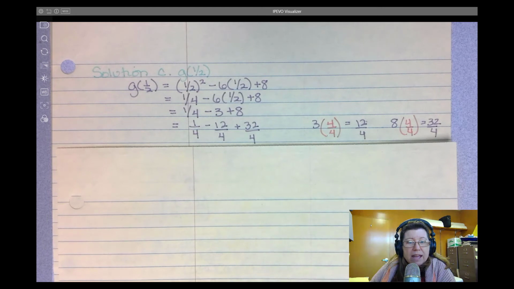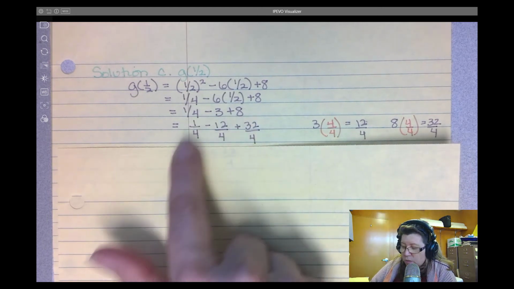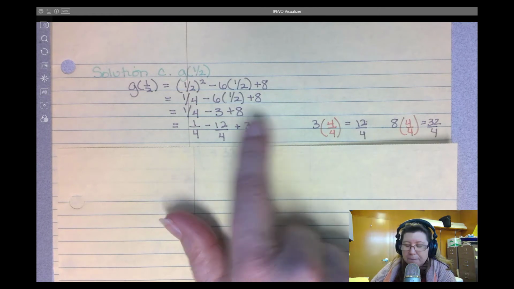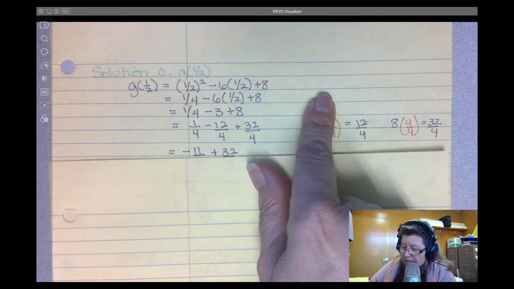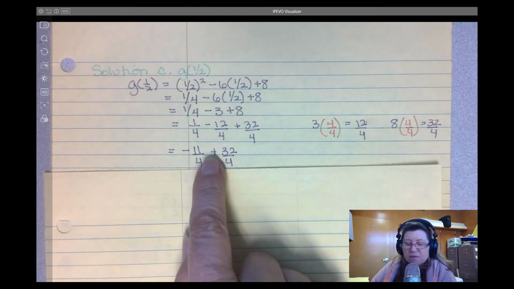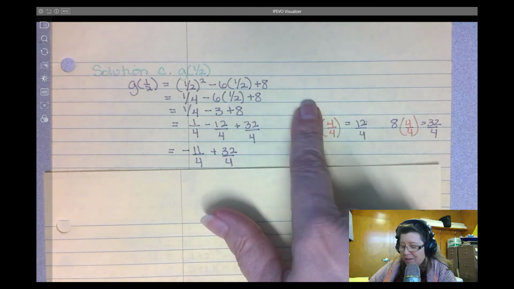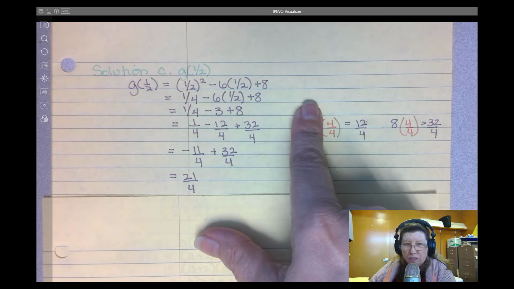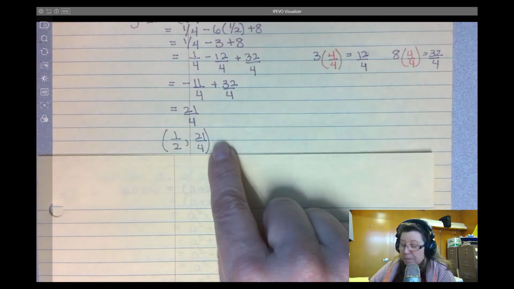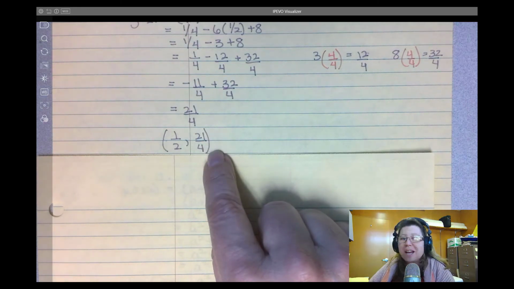So now I have all of my values with the same denominator, and I can just do the math on top. 1 minus 12 is negative 11 fourths, and then negative 11 fourths plus 32 fourths is 21 fourths. So if a 1/2 goes in, a positive 21 fourths comes out.